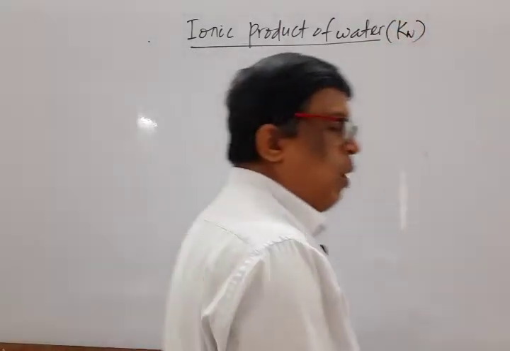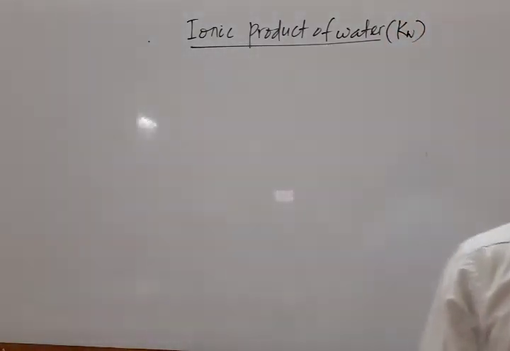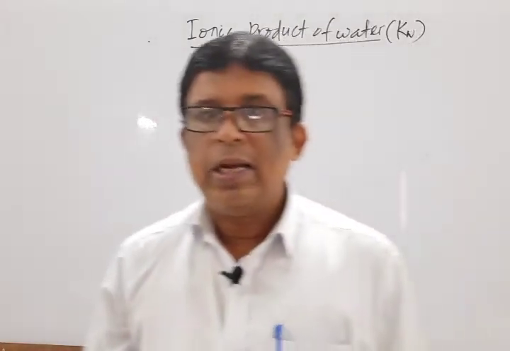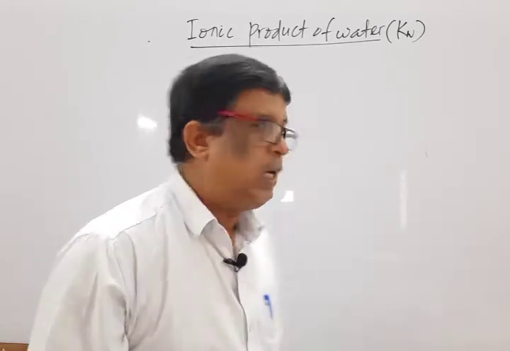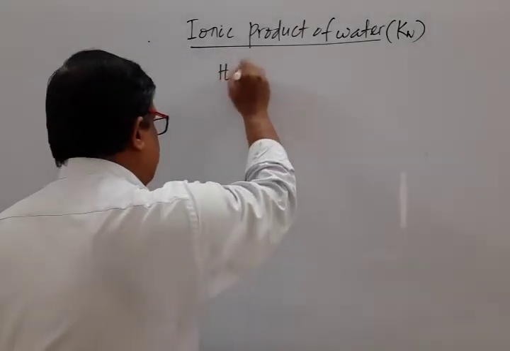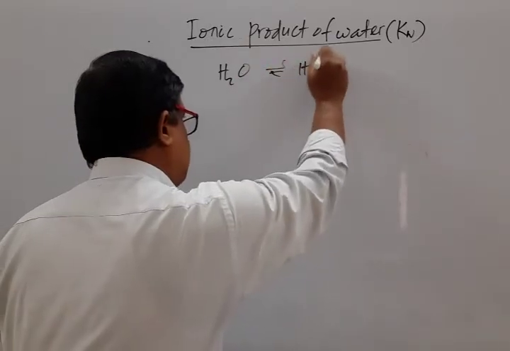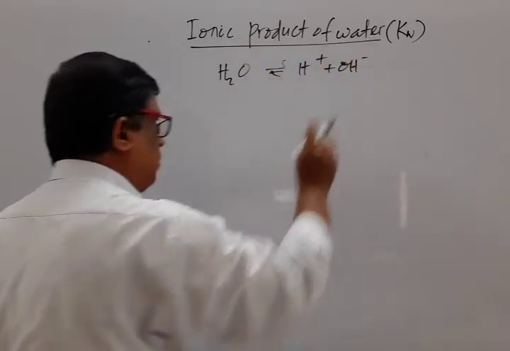Mark that. What do you mean by the term ionic product of water? Mark that. We know water is a weak electrolyte, so it ionizes feebly or partially. H2O reversible H+ ion plus OH- ion.